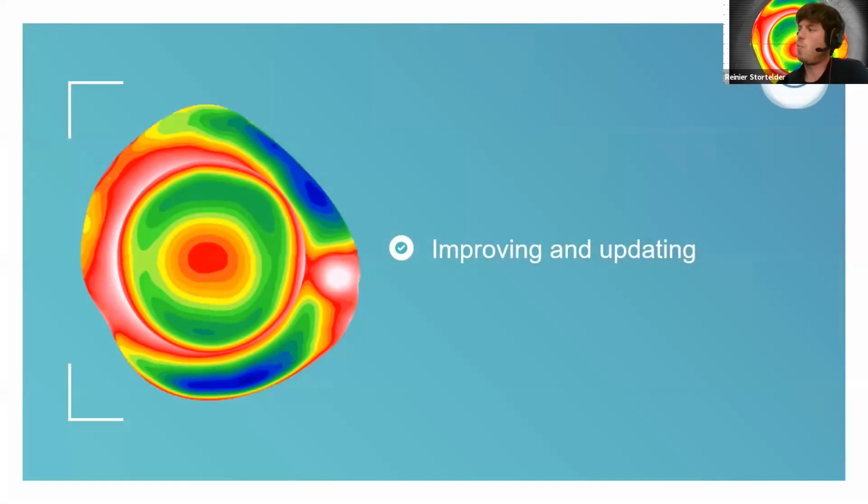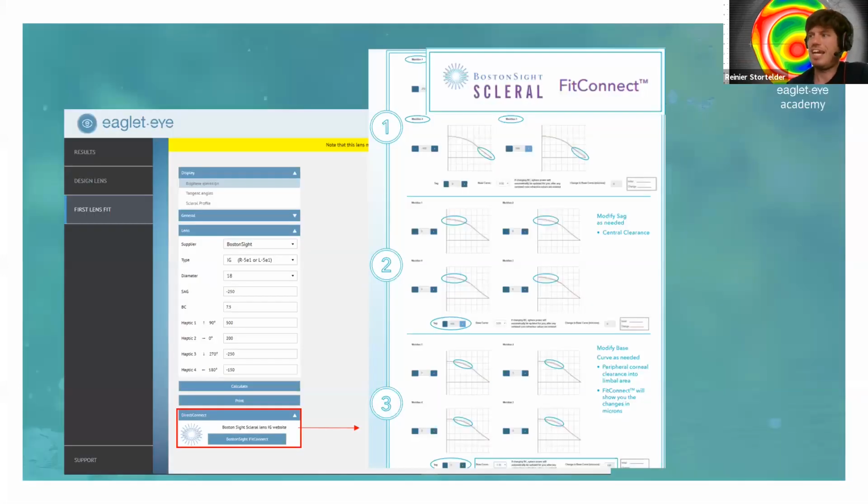And the last thing I'm going to discuss is that we're always trying to improve our algorithms. For Eaglet Eye, it's very important that we keep improving our algorithms. The next thing coming up is direct connections to the lab.